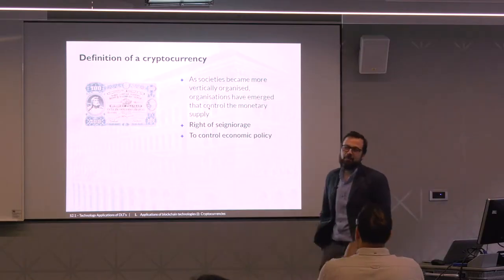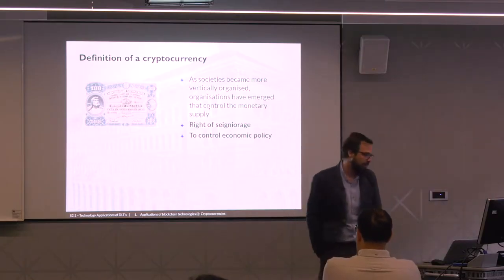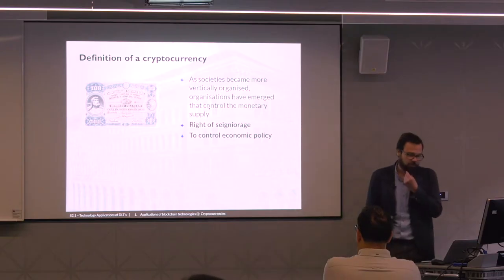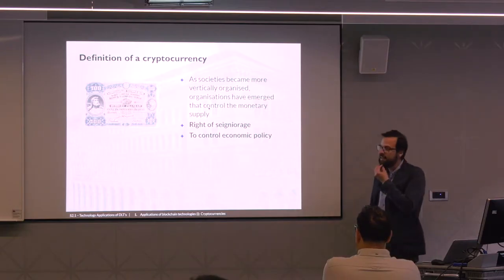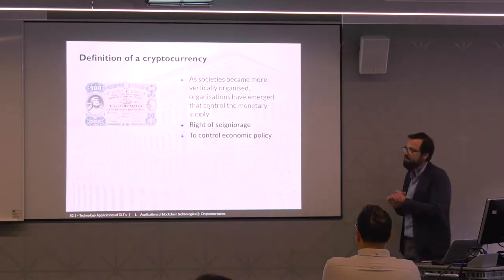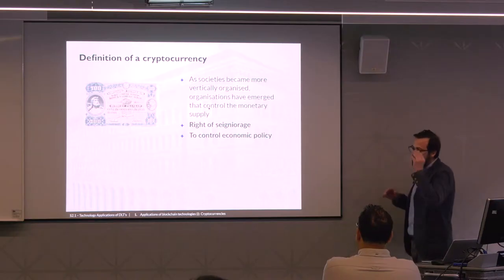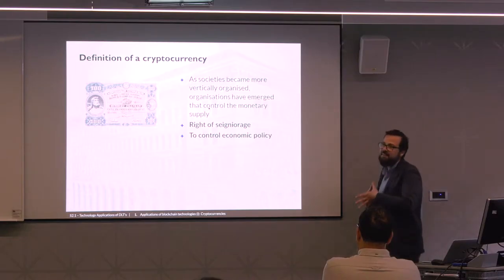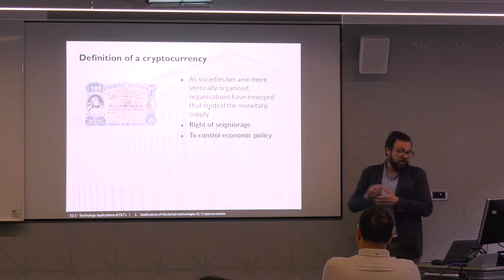One thing that happened through history is the fact that society is arranged in some way around governments, and eventually governments took over the right to create mediums of exchange because of multiple things.